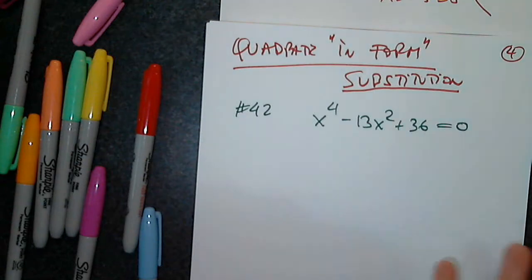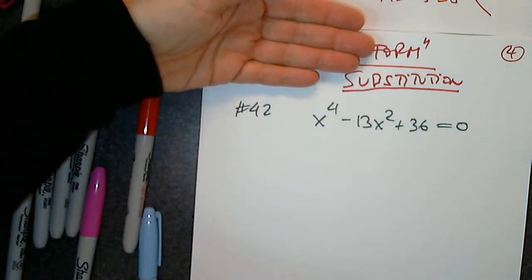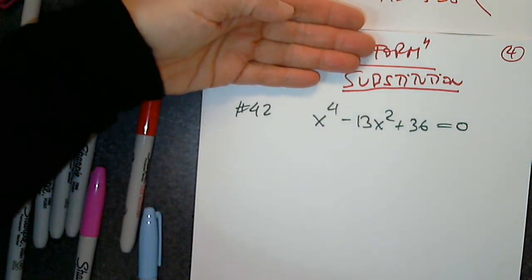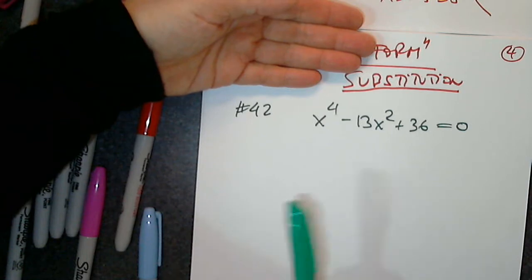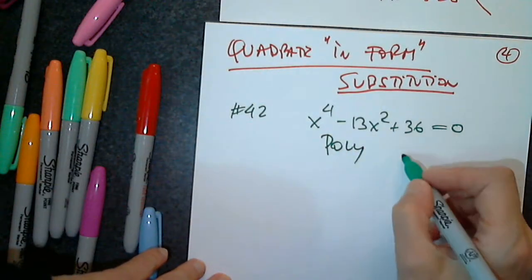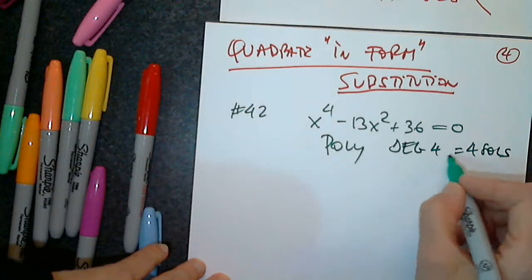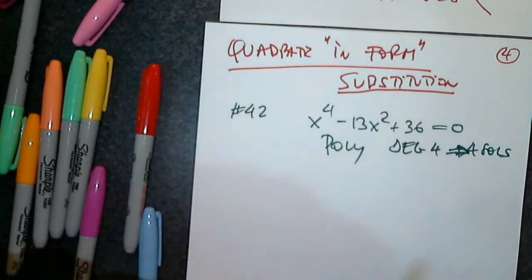I'm going to ask you what type of equation is it? And if we hadn't discussed this, what would you have said? Polynomial, correct. What is its degree? 4. How many solutions? Exactly. So it's a polynomial, degree 4, which implies 4 solutions.